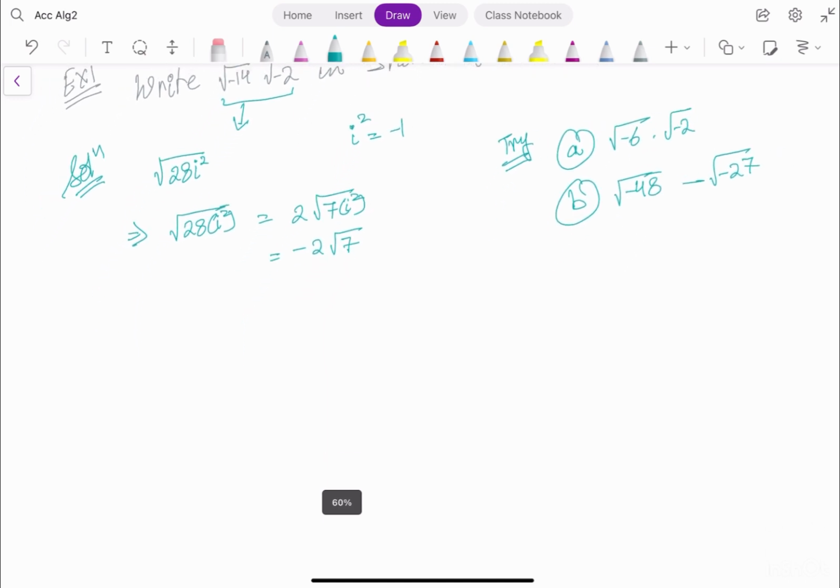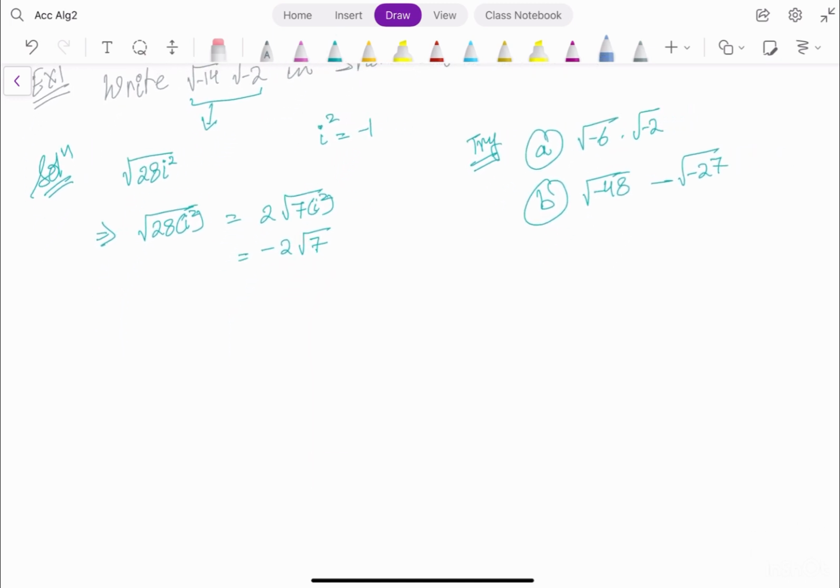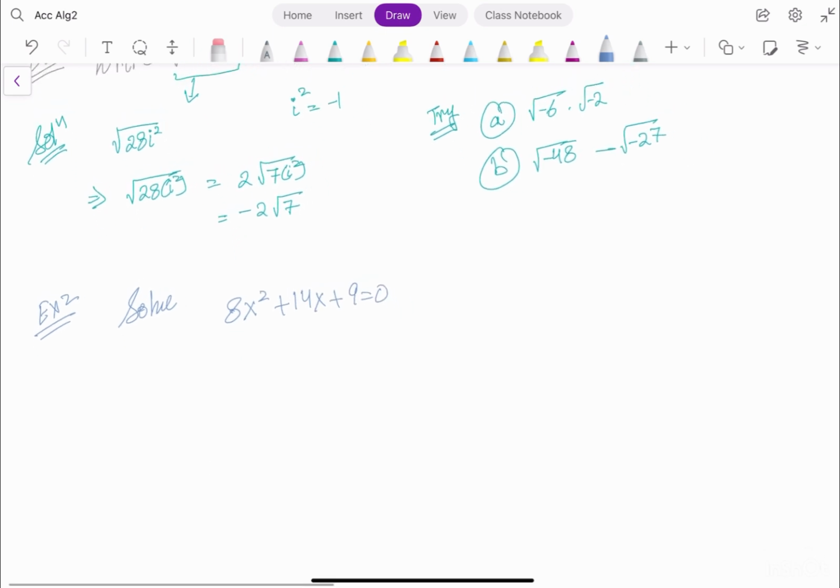The second one has two terms. Okay, so the other type of question for the quadratic equations is that they can say complex solutions of the quadratic, and they want you to solve for this equation. So this is my quadratic. You can try to factor it out, or you can just use the quadratic formula.